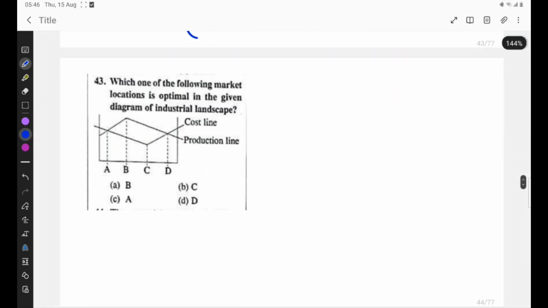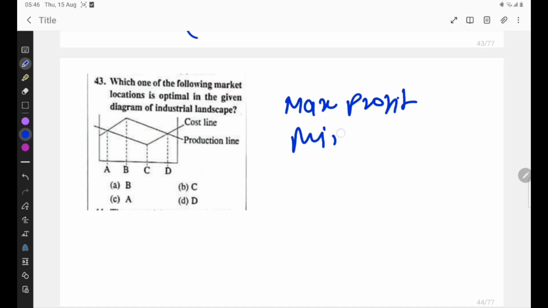Which one of the following market locations is optimal in the given diagram of industrial landscape? Which is optimal? So here optimal means maximum profit and minimum cost of input, right? So this is cost line and this is input line, production line.